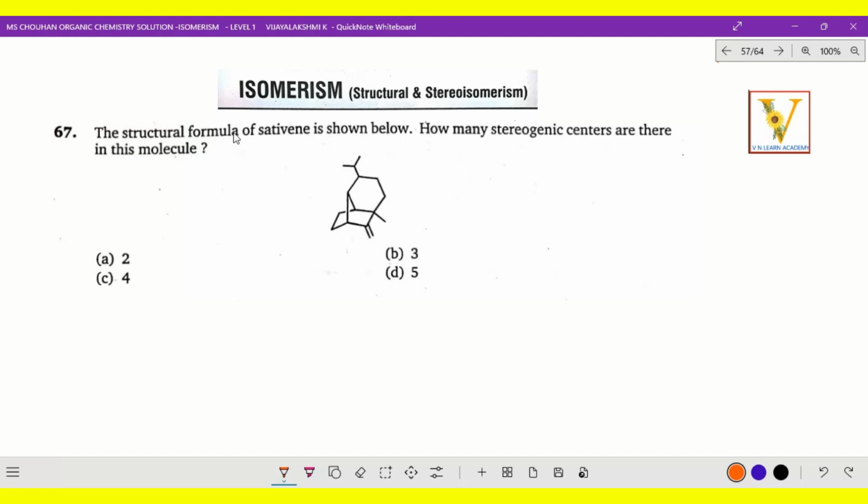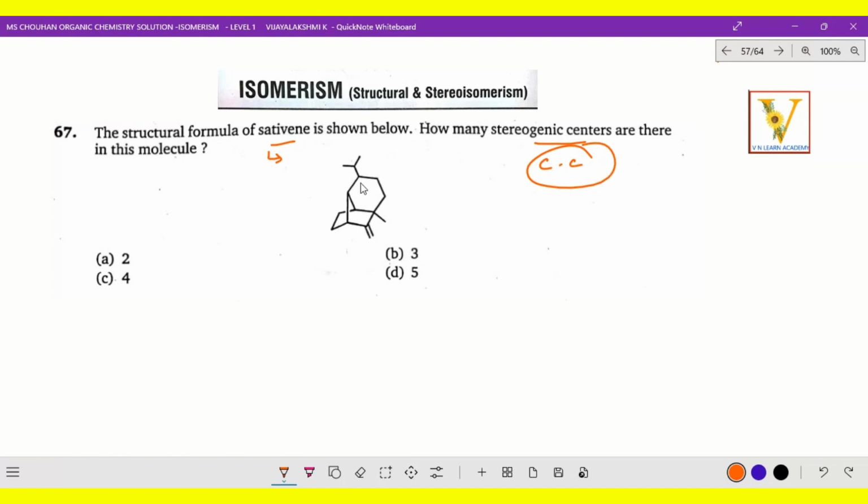The structural formula of sativine is shown below. How many stereogenic centers, that is chiral carbons, are there in this molecule? Sativine is a fungal organic compound found in different plants. A stereogenic center is nothing but a chiral carbon, meaning four different groups or atoms are attached to that carbon.